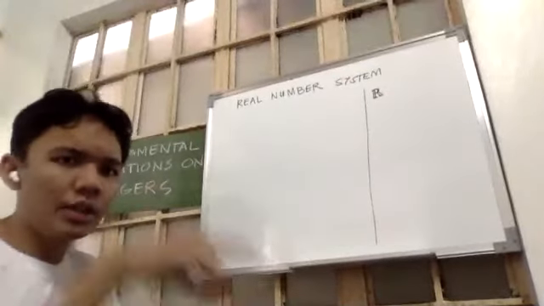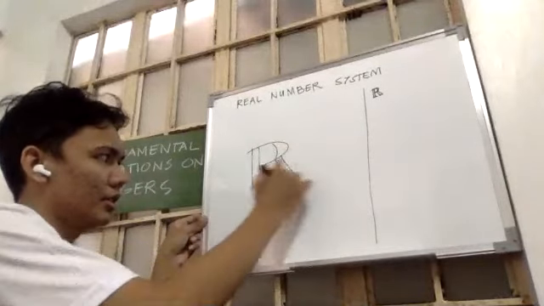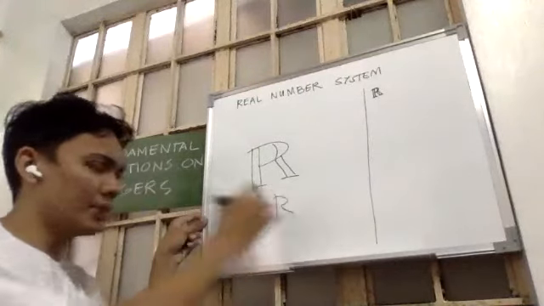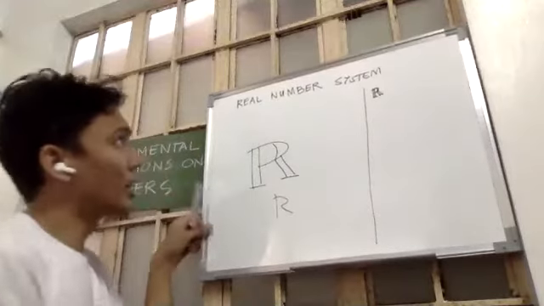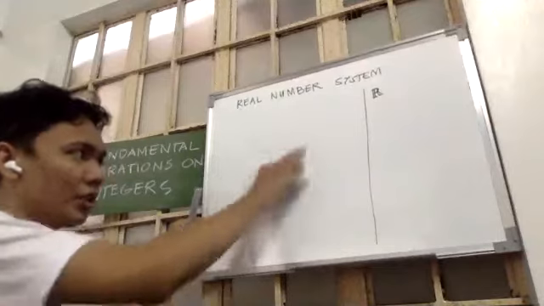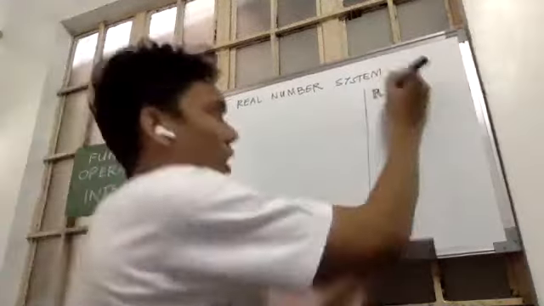Yung R na double yung line. Dalawa yung line niya, hindi siya normal na R sa pagsulat. So, this is the symbol for real numbers. Kapag tinanong the set of real numbers, ito yung pangalan ng set. I have set R. So, this is real numbers.